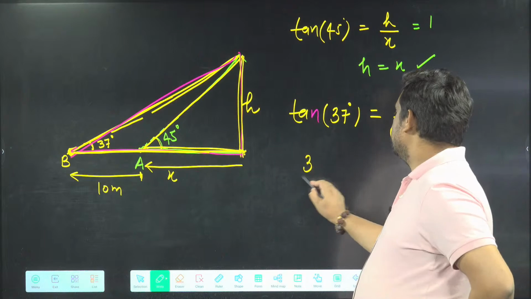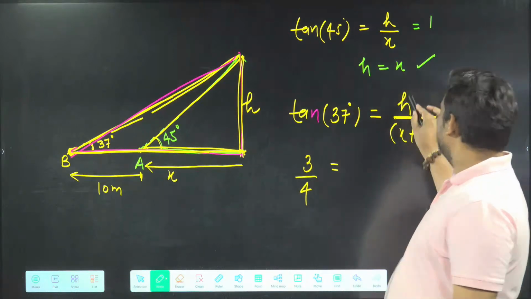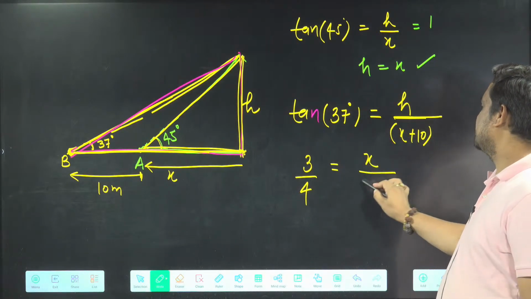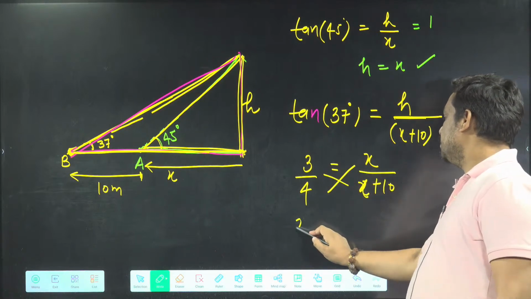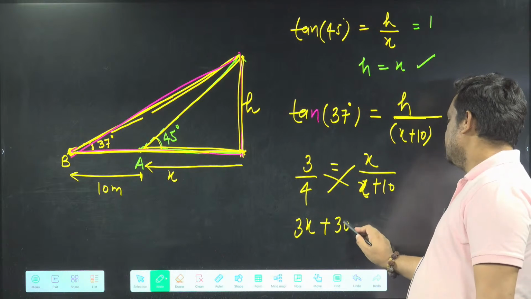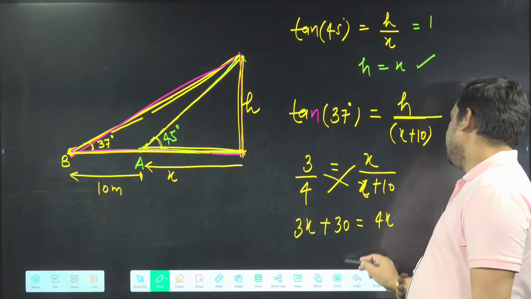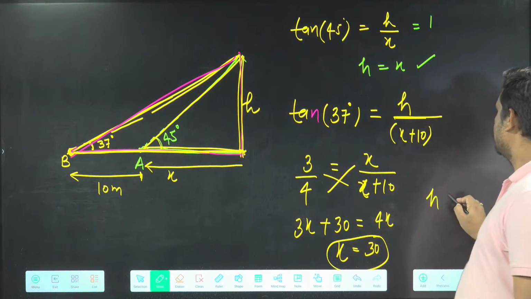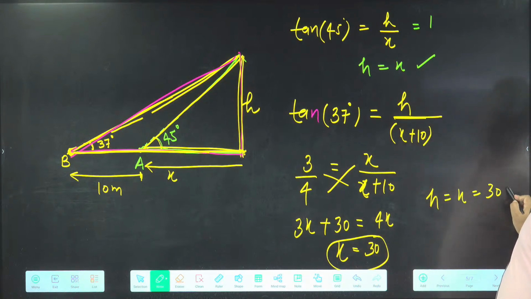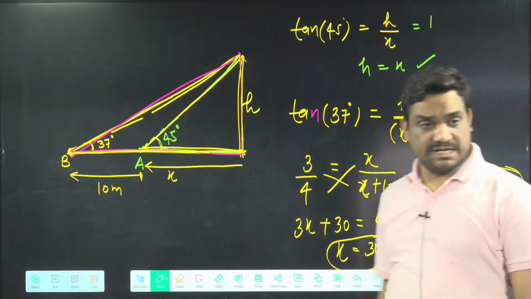So 3 by 4 equals x divided by x plus 10, putting x in place of h. Cross multiplying, 3x plus 30 equals 4x. It means x equals 30, and h equals x, so the height is also 30 meters. Yes, done.